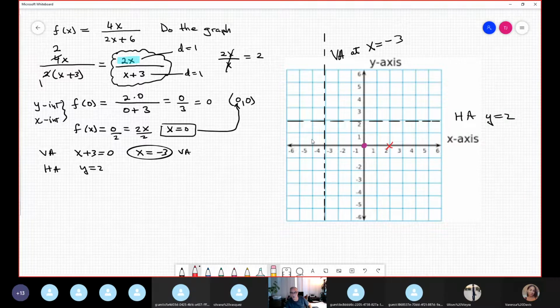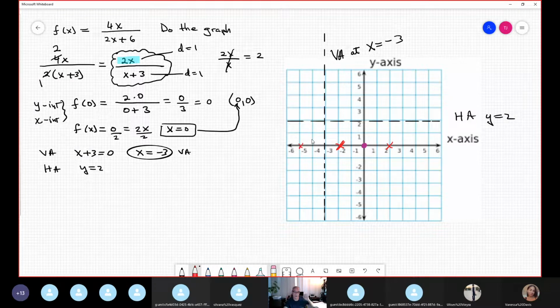If you add more points, you see the graph more clearly. Maybe here in between 0 and -3, I select -2 or -1. I don't know, see what is good. After -3, maybe -4, maybe -5.